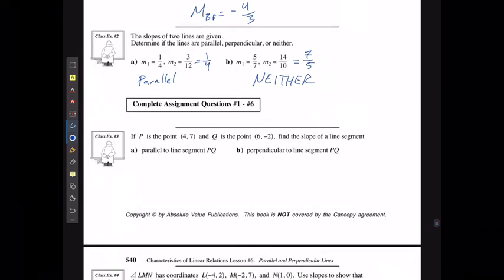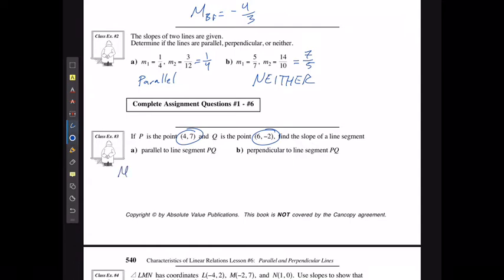If P is the point (4, 7), and Q is the point (6, -2), find the slope of a line segment parallel to PQ. Well, I'm just finding the slope of a line segment that's going to match PQ. So in this case, I'm just going to solve for what the slope is.